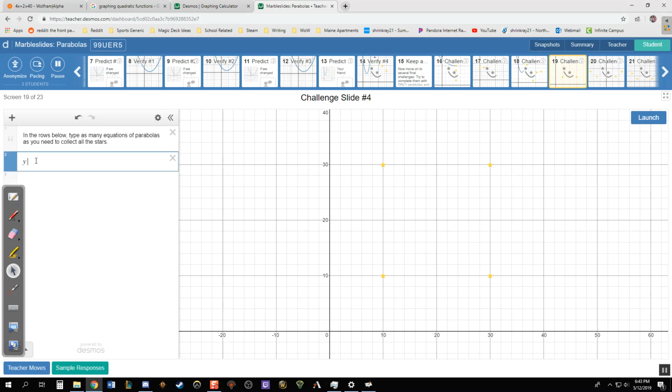If I tried to write it in the form like 6x squared plus 4 and shift it to the right, it's really hard to do. But now, if I know I want it to intersect at 18 and 22, I go x minus 18, parentheses, x minus 22. And I automatically have it in the right form.